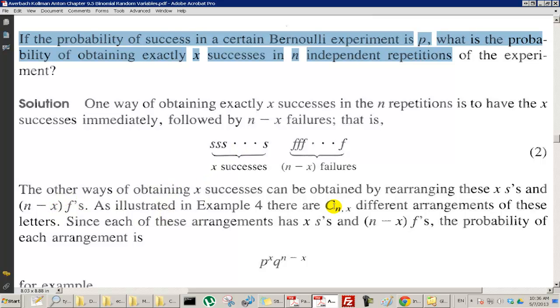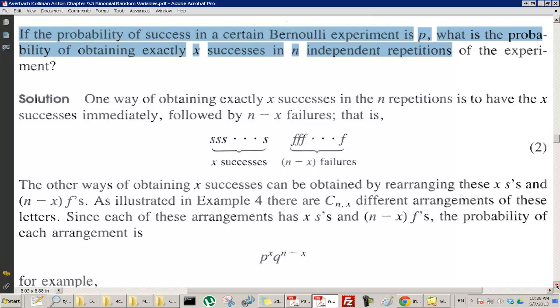As illustrated in example 4, there are C(n, x) different arrangements of these letters. Since each of these arrangements has x s's and n minus x f's, the probability of each arrangement is going to be p to the x, q to the n minus x.